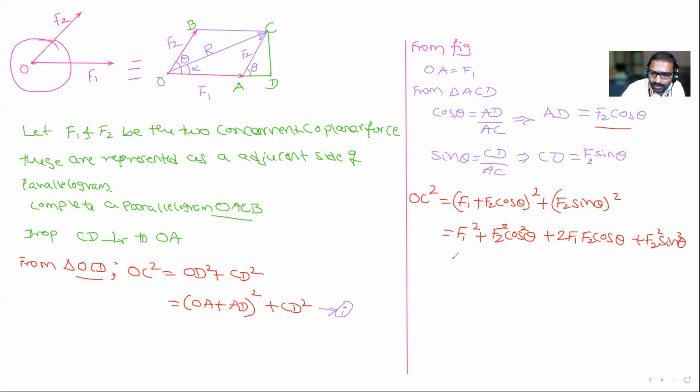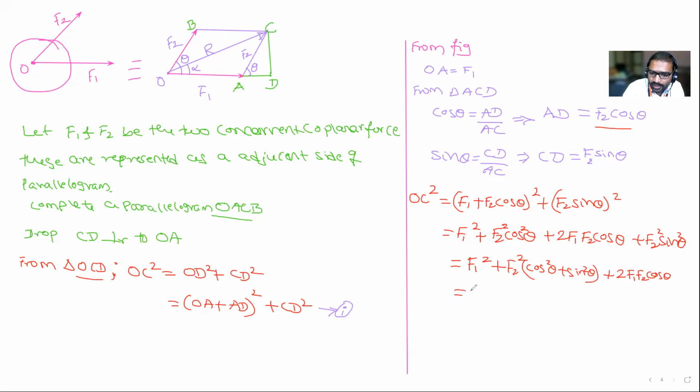Next, I will write F1 square as it is. Here we have F2 square cos square theta and F2 square sin square theta, so I will take F2 square outside. Inside the bracket what remains? Cos square theta plus sin square theta, plus 2 times F1 F2 cos theta.